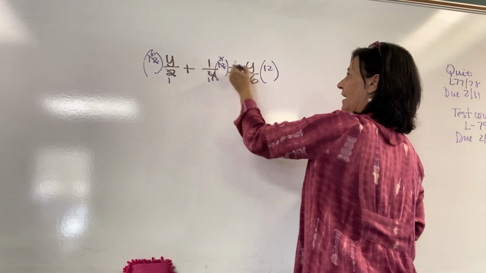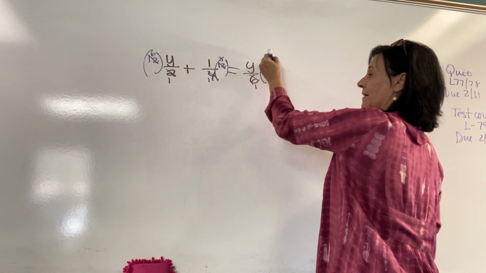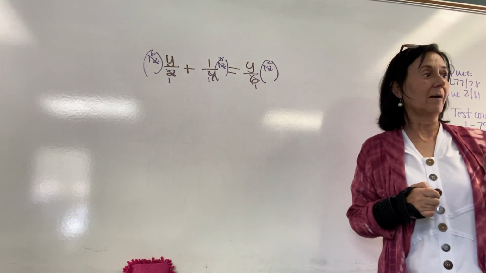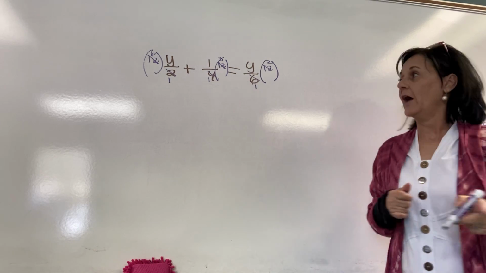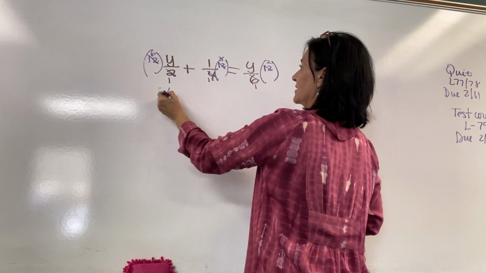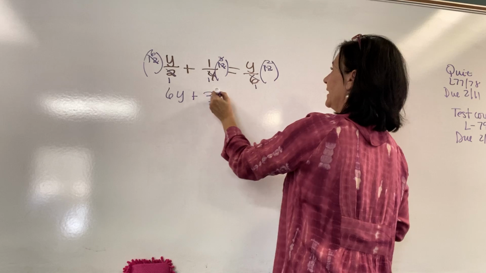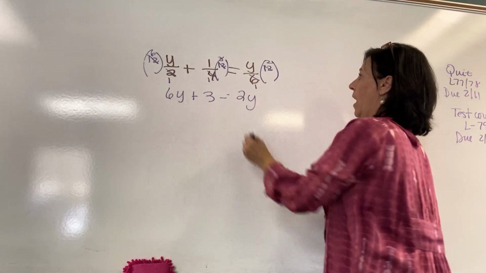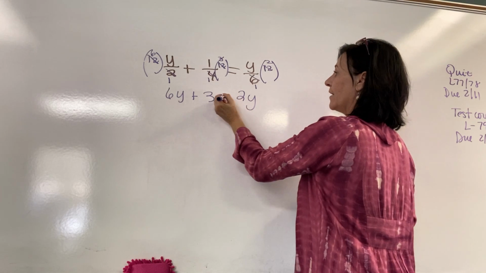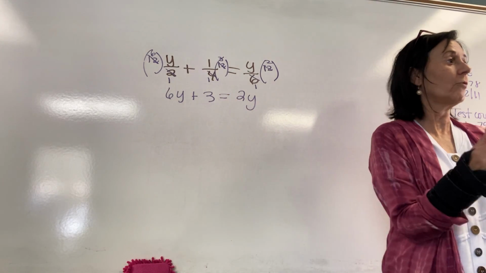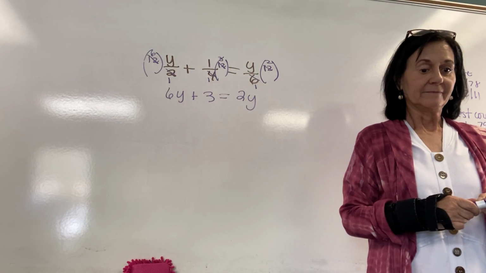And then that becomes 1, that becomes 2. And all the denominators are 1. Do I need to write anything over 1? No. This is 6y plus 3 is 2y. Would I write it over 1? No. Anything over 1 is just itself. So now you can just solve it.